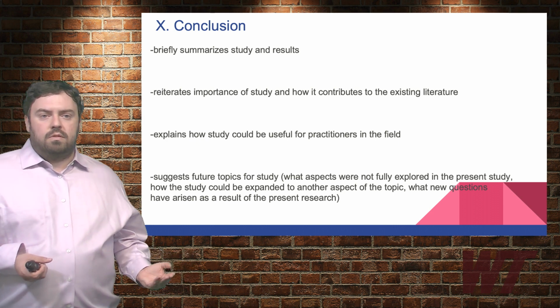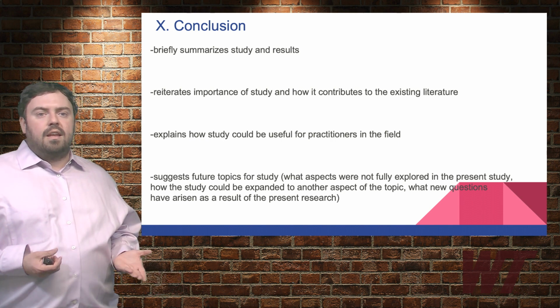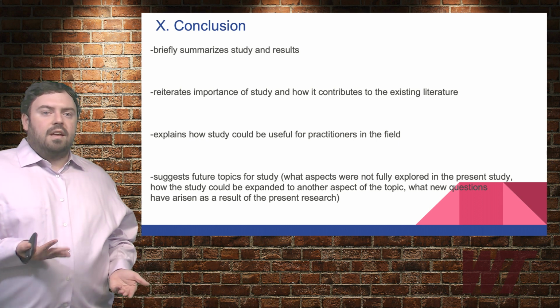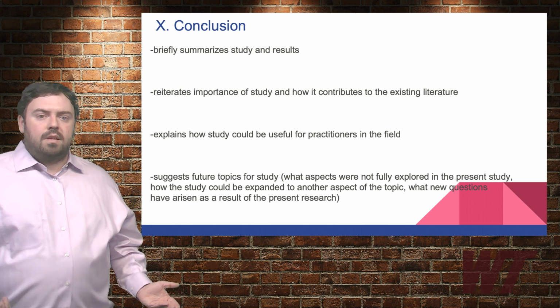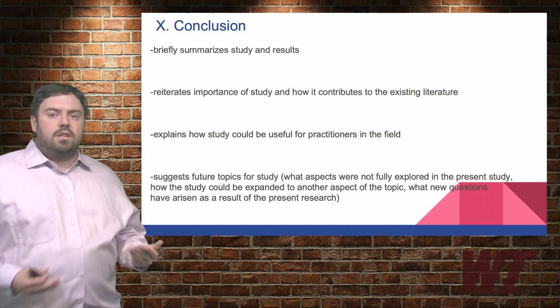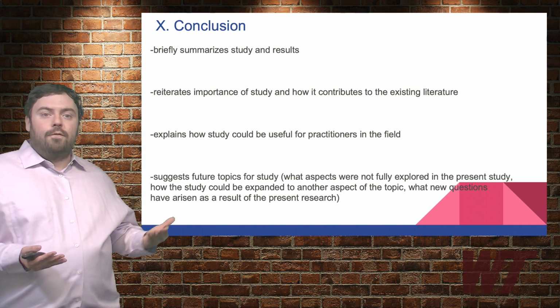There are a couple of reasons you do this. First of all, it shows that you're thinking ahead. It's almost like in your limitations section, you're realizing that your study didn't examine every possible element of this topic and that more topics should be explored. But it also gives you a justification and support for your future research.